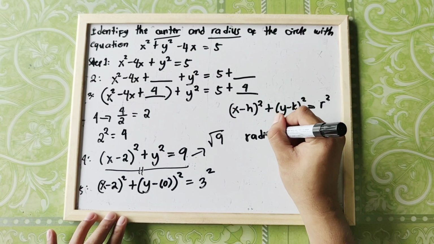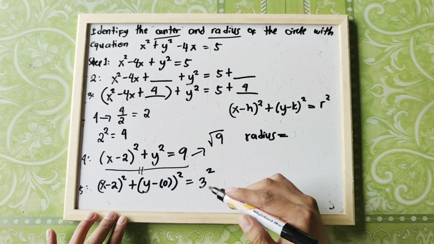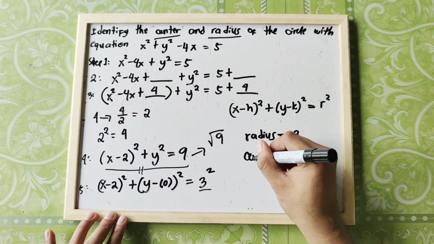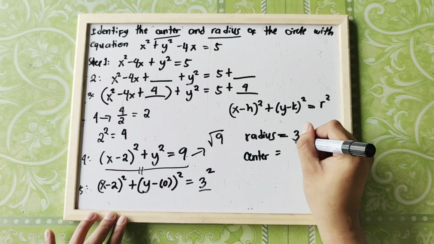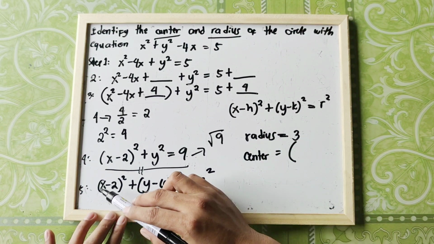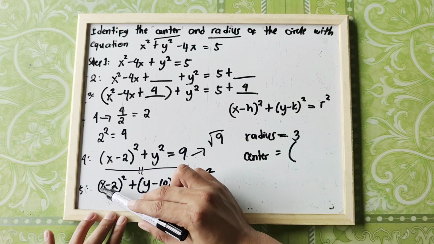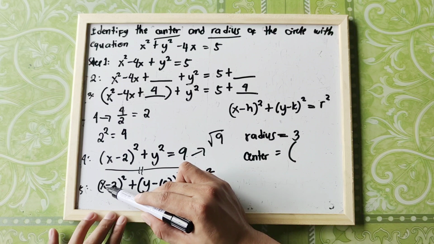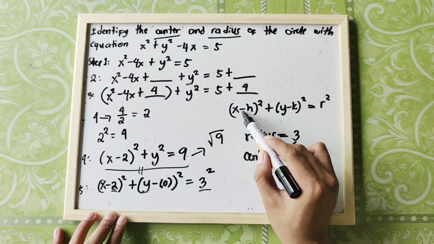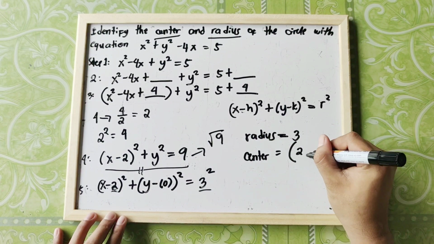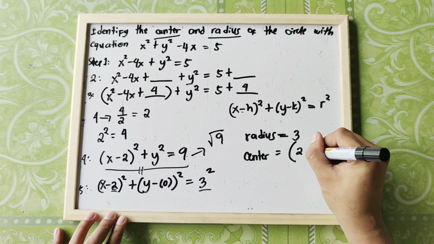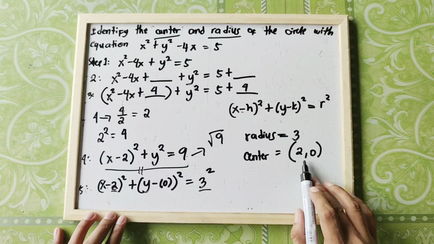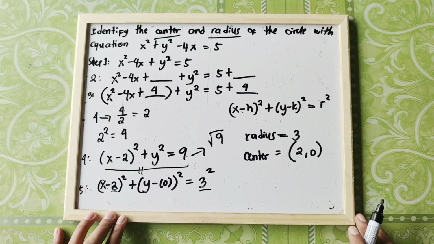What is our radius? Our radius r is 3. And our center is (h, k). What is our h? x minus h, so positive 2. Why positive 2? Because the negative here is from the original equation. So positive 2 and 0. So our center is the ordered pair (2, 0), and the radius is 3.